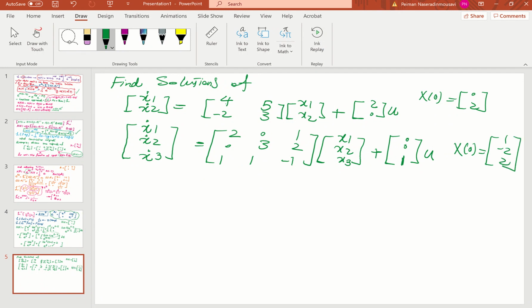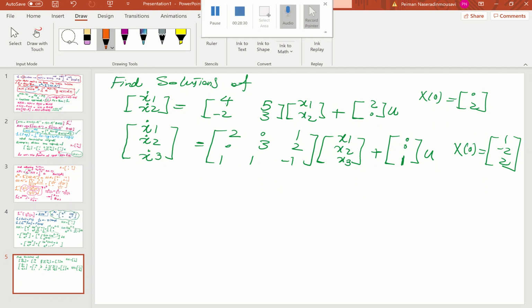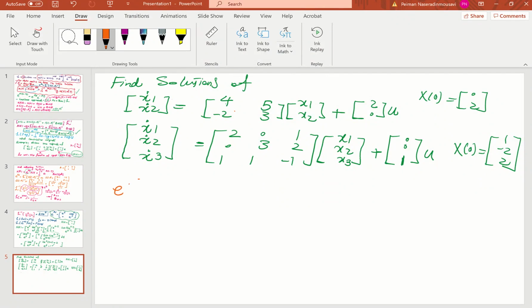Find the solution for this. Okay, so after knowing this, you have to know, in addition to this approach, the matrix exponential, which is the Laplace inverse of (sI minus A) inverse.